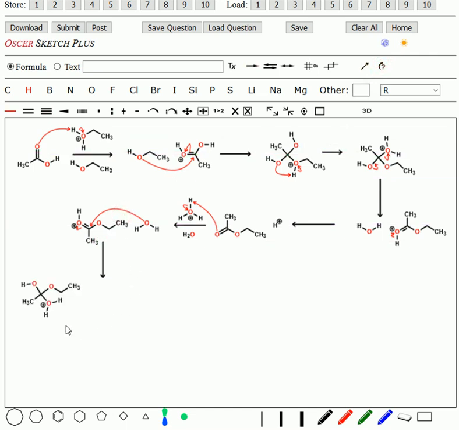And so here we go. And now we just have to do the opposite. We want the alcohol to leave, so we have to transfer a proton to the oxygen here. Let me redraw that a little bit. We go there.